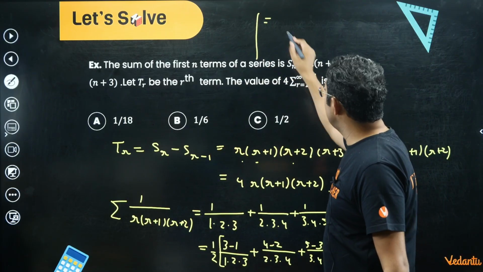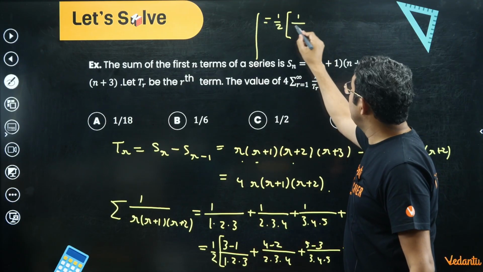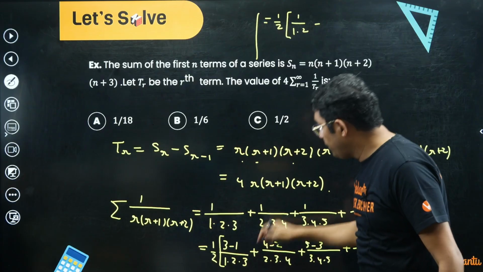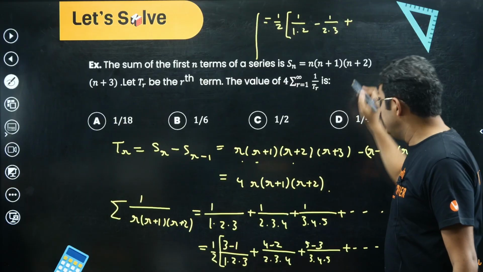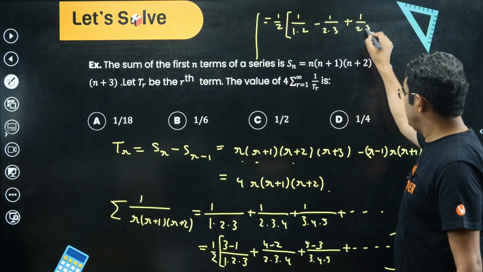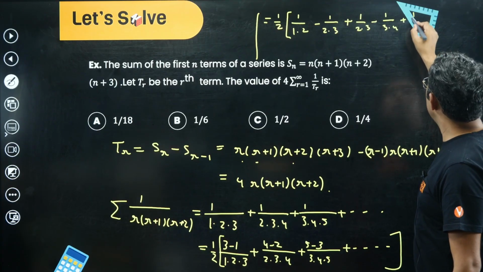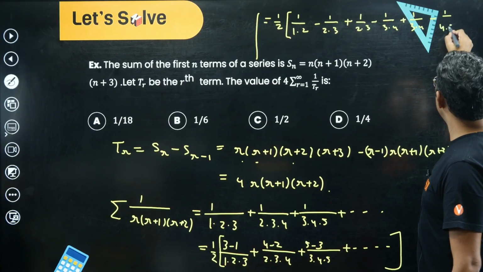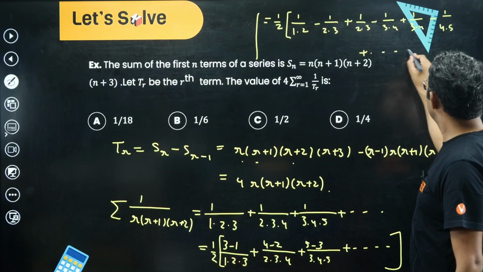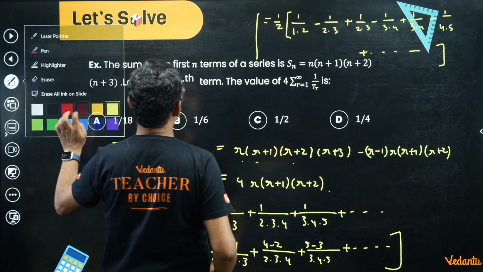This will be equal to 1 by 2 outside. 3 upon this thing will be 1 upon 1 into 2 minus 1 upon 2 into 3. Then plus 1 upon 2 into 3 minus 1 upon 3 into 4, then 1 upon 3 into 4 minus 1 upon 4 into 5 and so on. You can see the terms are getting cancelled.